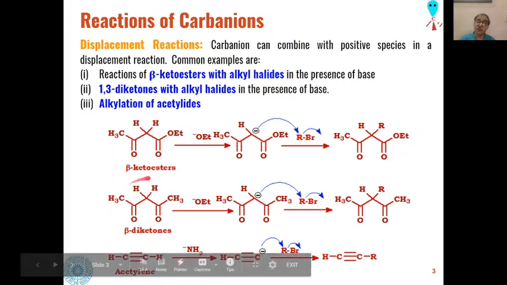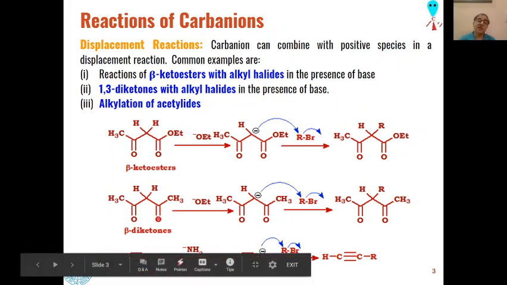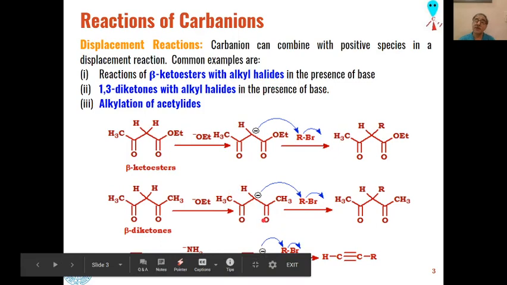Similarly, in beta diketones, here also because of the presence of these carbon-oxygen double bonds, the carbonyl group will make these protons very acidic, and again in the presence of the base, this or this proton can be abstracted very easily to generate this type of carbanion.